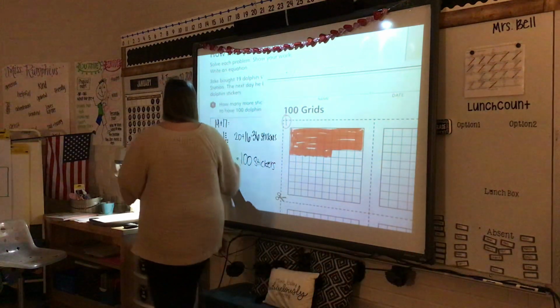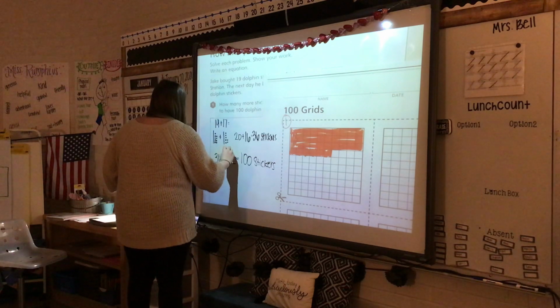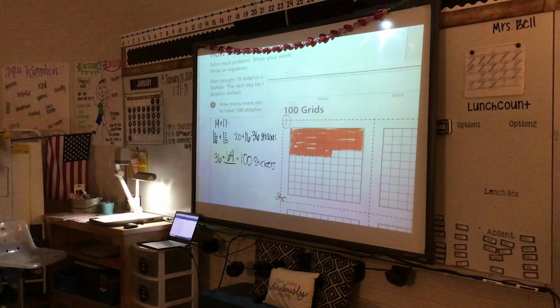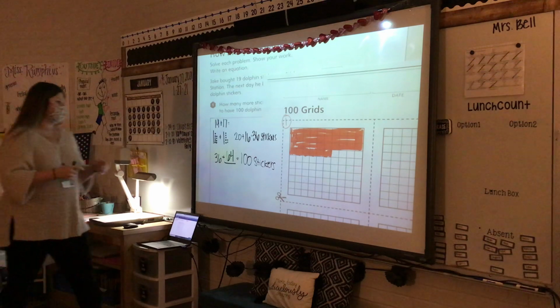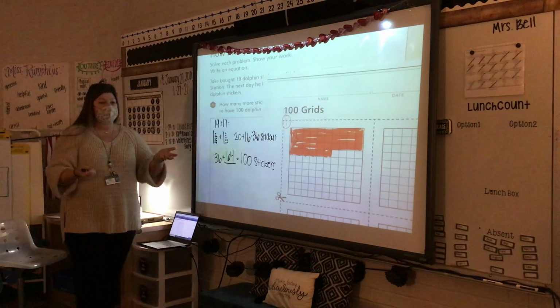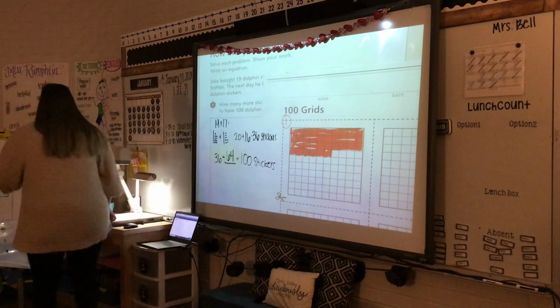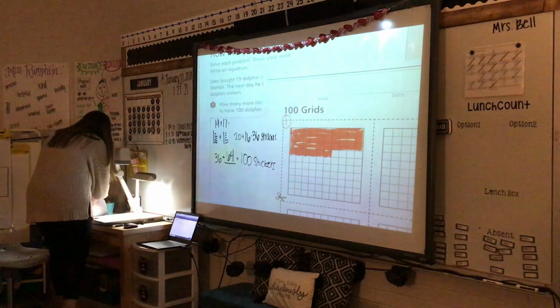So plus 64 more gets him to 100 stickers. Do you see how this problem is a two-step problem? You don't just get to go in and see how many stickers he needs to get to 100. You've got to figure out how many he had first to see how many he needs to get to 100, okay? All right.